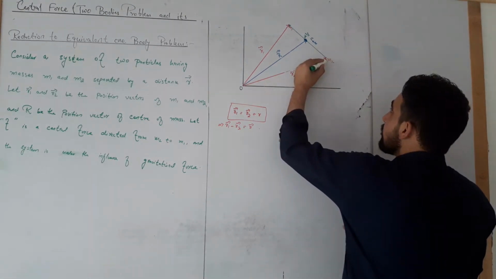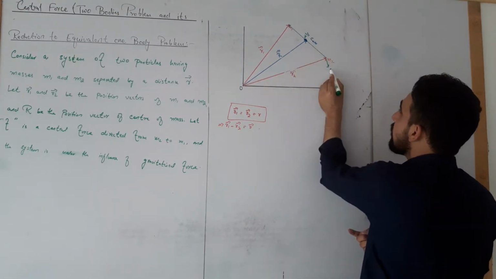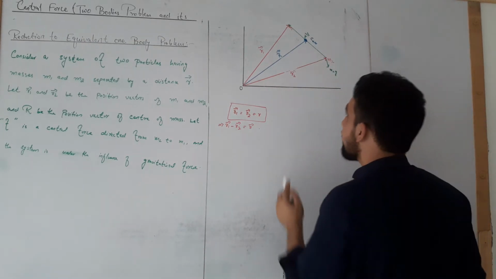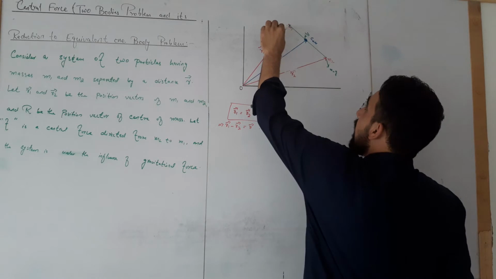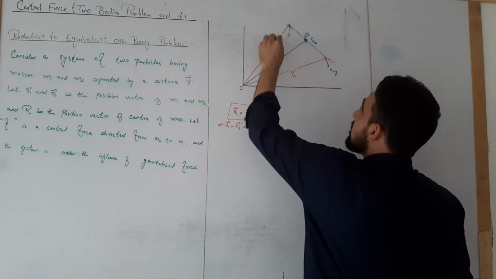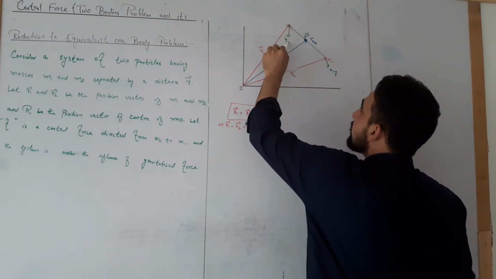So m2 is facing a force m2g towards the ground, toward the negative y-axis. Similarly, m1 is facing a downward force m1g.